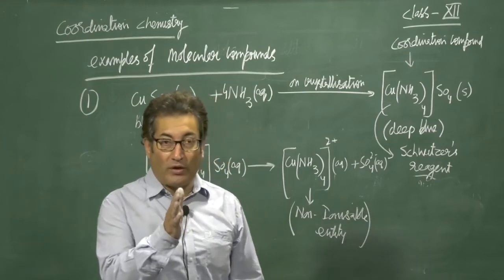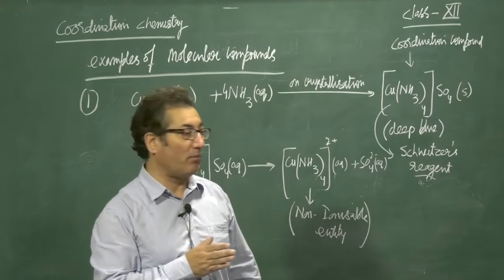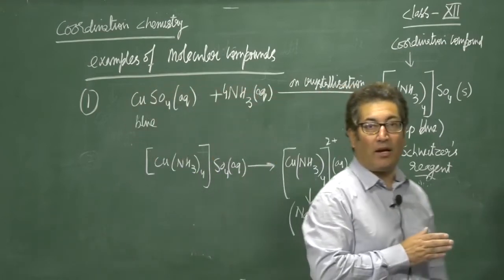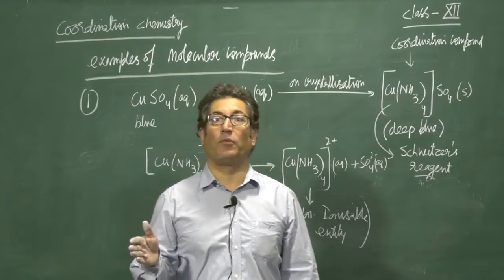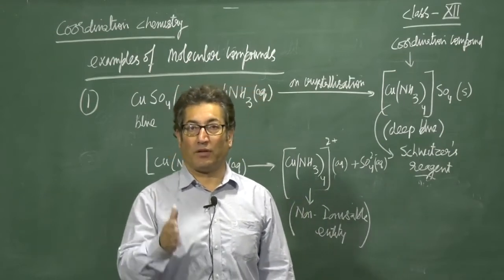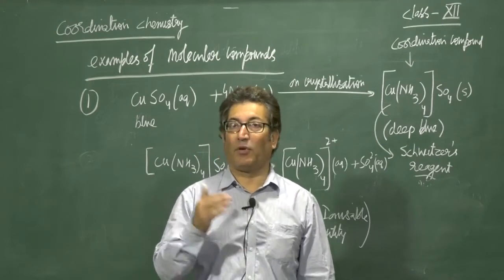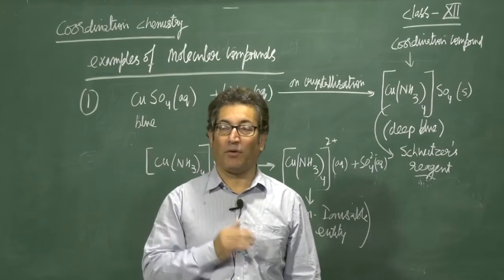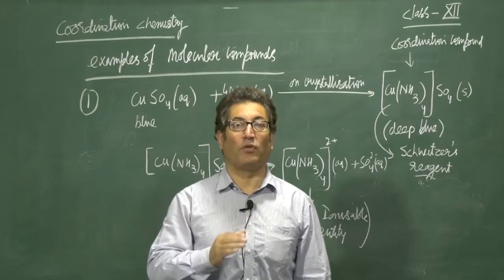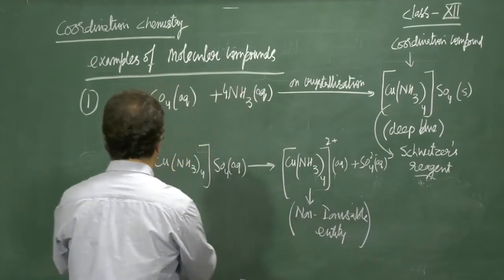So here we can give one point of difference between the two types of addition compounds, coordination compounds and double salts. Both are addition compounds, but double salts are stable in the solid state, while in solution they are completely ionized. Whereas coordination compounds are stable both in the solid state as well as in the form of solution.